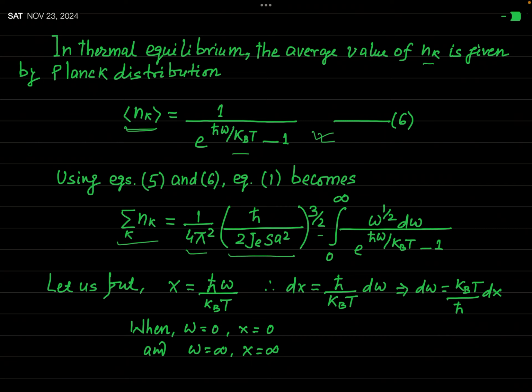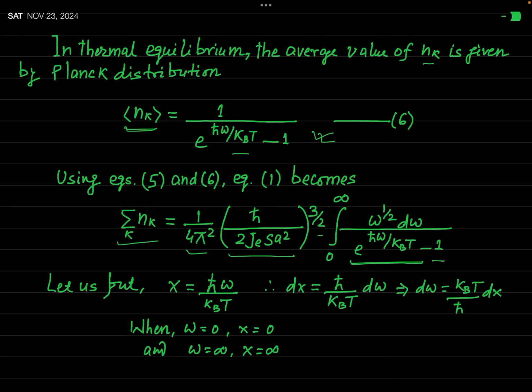So this will be outside of the integral. And inside the integral, the factor is omega to the power half d omega over e to the power h bar omega by kT minus 1. And we have seen that the limits of integral will be 0 and infinity.